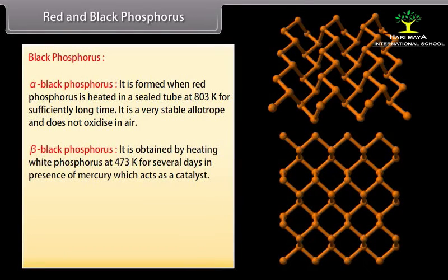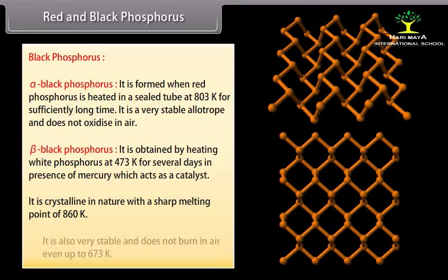Beta black phosphorus is obtained by heating white phosphorus at 473 Kelvin for several days in presence of mercury, which acts as a catalyst. It is crystalline in nature with a sharp melting point of 860 Kelvin. It is also very stable and does not burn in air even up to 673 Kelvin.